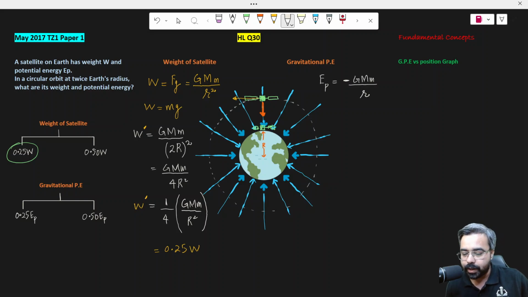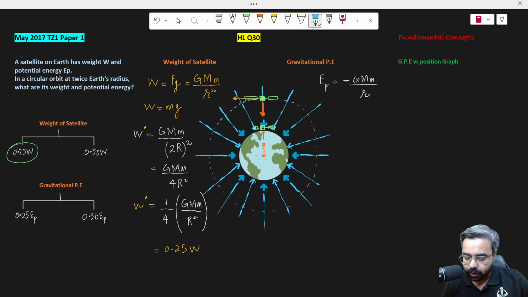Now, dear students, why is it negative? Because of the attraction. Because you have to deliver energy to the satellite to move it away from the Earth. That's why it's negative. So you have to add energy into the system in order to take it away. So all the attractive forces are negative.